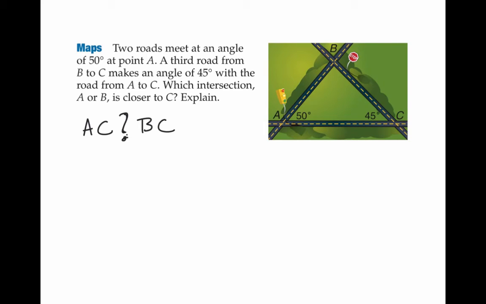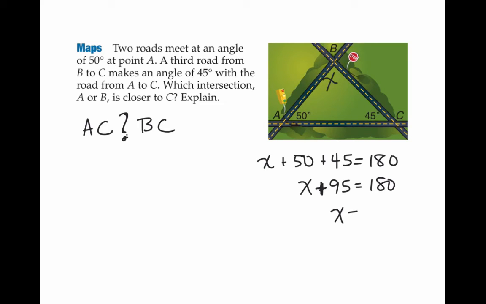So the first thing we're going to do is you'll notice we have two of the angles and we don't have the third one. So take what you know, we'll call that X. X plus 50 plus 45 equals 180. Let's add our like terms together, so it's X plus 95 equals 180. Well, if 90 plus 90 is 180, then that X must equal 85.